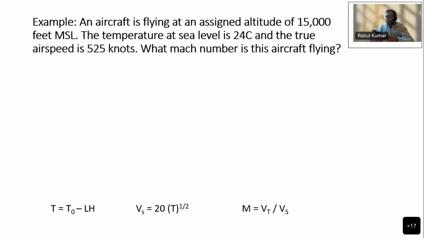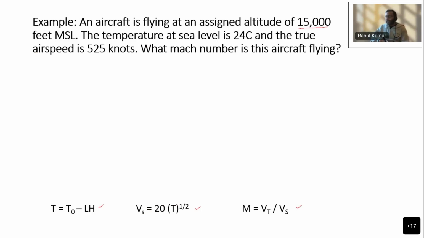Now we have another numerical, combining three of the formulas, or three of the equations. So let's read the question. An aircraft is flying at an assigned altitude of 15,000 feet.